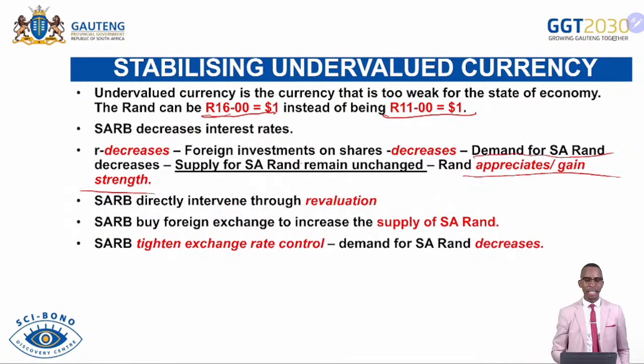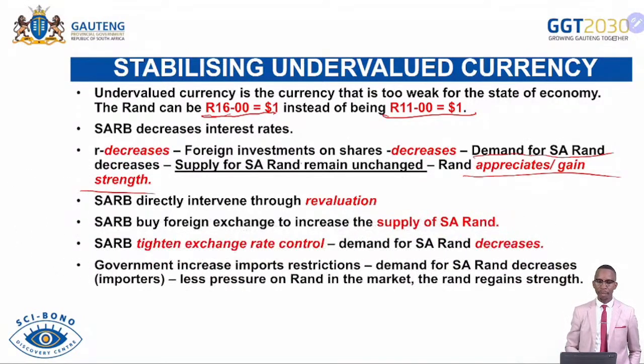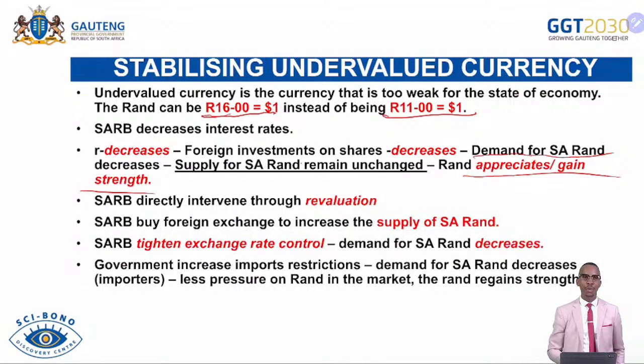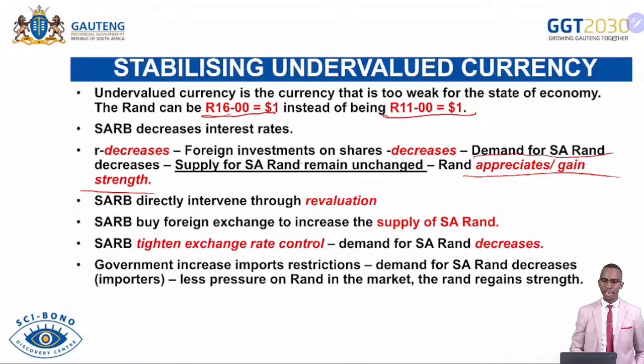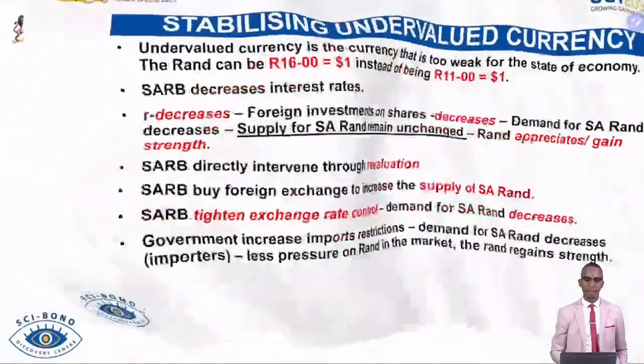South African Reserve Bank can tighten exchange rate control to make it not easily accessible in the global market. Whoever is in need of the South African rand should apply to the Reserve Bank. Government increases import restrictions so that the demand for rand from importers can decline, which will release the pressure on the rand, and the rand can gain the strength or gain the value.